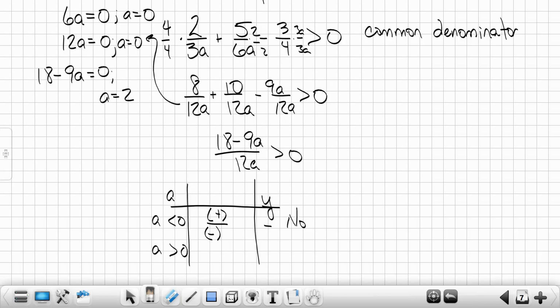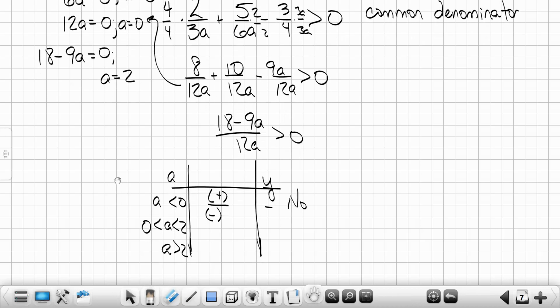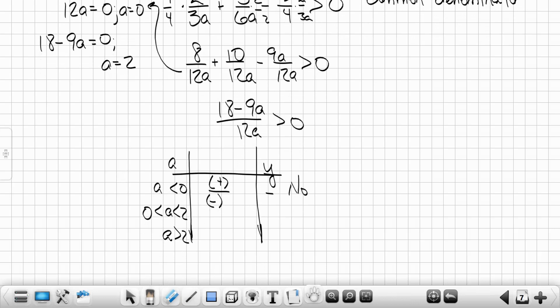Two is a test point. So Jada asked a great question. I just glanced at it and I realized my mistake when I glanced at it. Still a question, and I'm saying it's a great one.